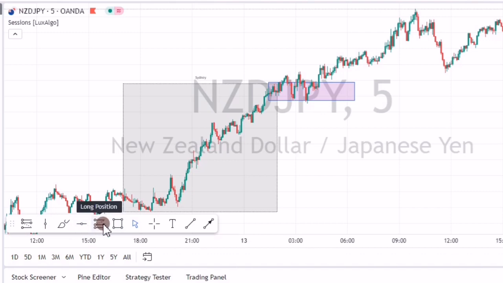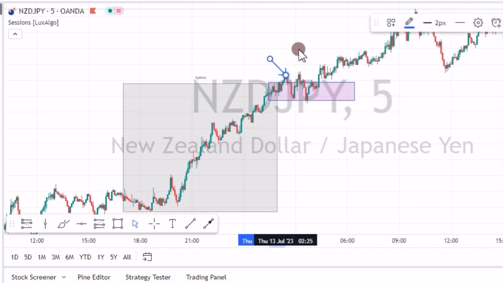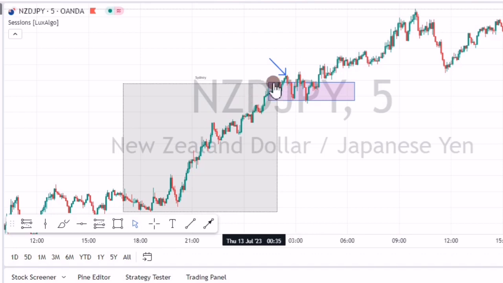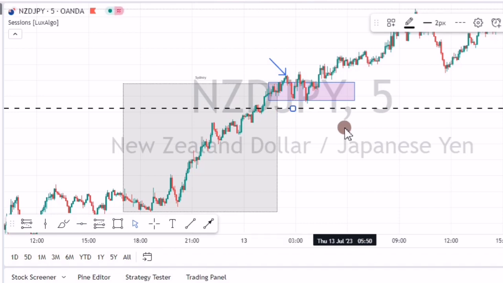So that breakout happened clearly on the upper side. I can say this was the first clear breakout, or even that one, the first breakout around the last candle of Sydney. So you place your buy trade, and you put your stop loss below this key level. Considering this key level, you would put your stop loss maybe around there.